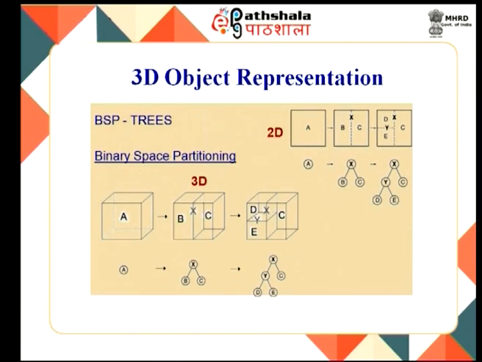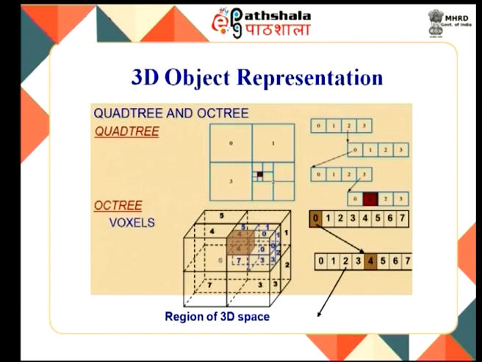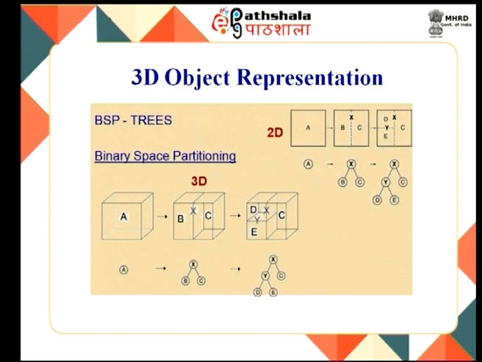Another way is BSP trees, or binary space partitioning trees. The octree and BSP trees are examples of solid modeling, where you divide the entire space and make a binary tree, that is, divide the space into two parts by a dividing plane.